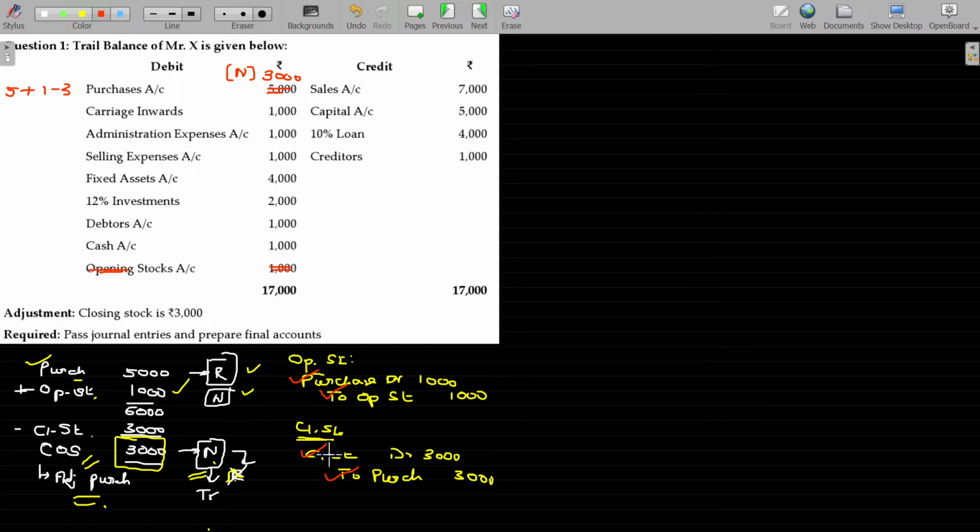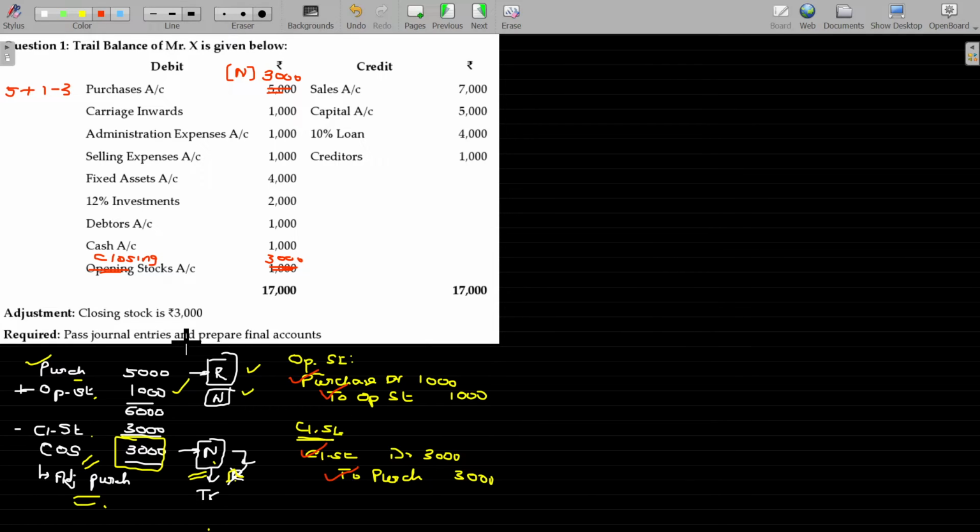It will come in the debit side of the trial balance. See, if you open the closing stock account, it will be having a debit balance of 3000. While preparing the trial balance, where will it go? The debit balance of the closing stock will go to the debit side of the trial balance. So here, I am going to post it as closing stock. Rather than opening stock, it becomes closing stock 3000 rupees.